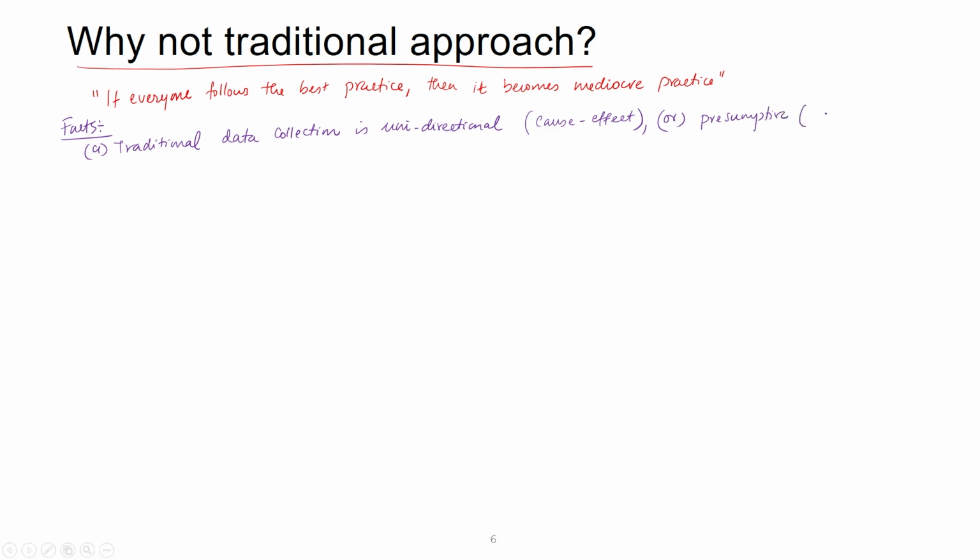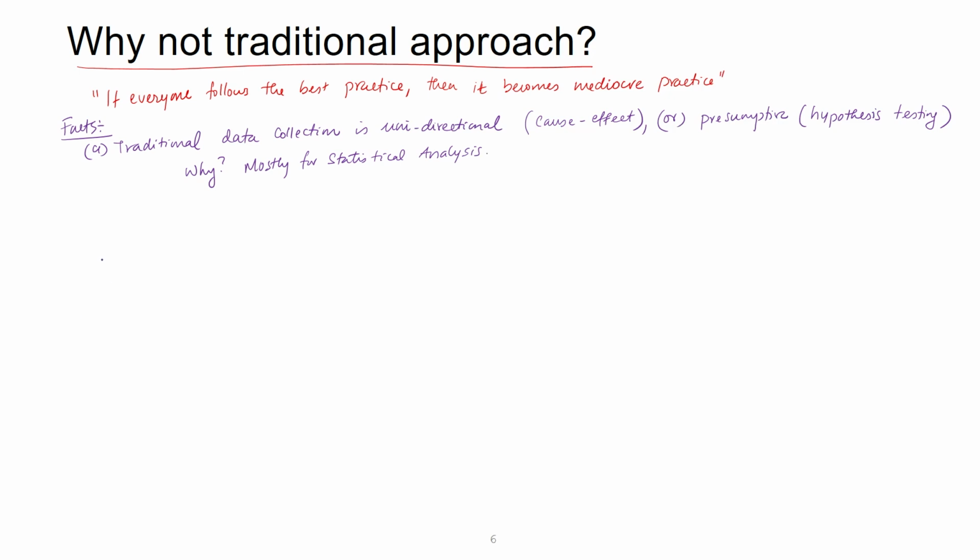Presumptive means you have a presumption and you collect data based on that. Sometimes you can call it hypothesis testing. I have a belief that I am doing this. The question is why is it that way? Why is the data collection unidirectional or presumptive? The reason is mostly statistical analysis. So, we do statistical analysis, and for it we do either unidirectional or presumptive data testing.